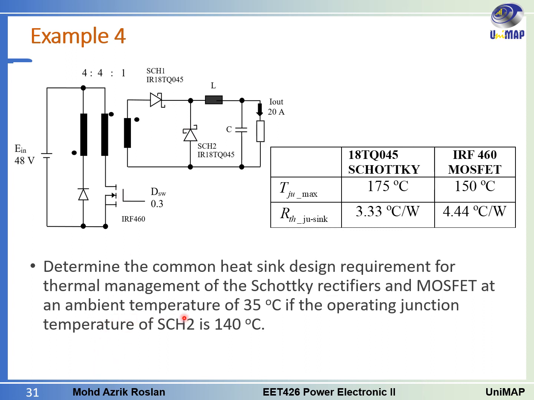The ambient temperature is set at 35 degrees C, and the operating junction temperature of Schottky 2 is 140 degrees C. So this question already gives the Schottky 2 junction temperature.